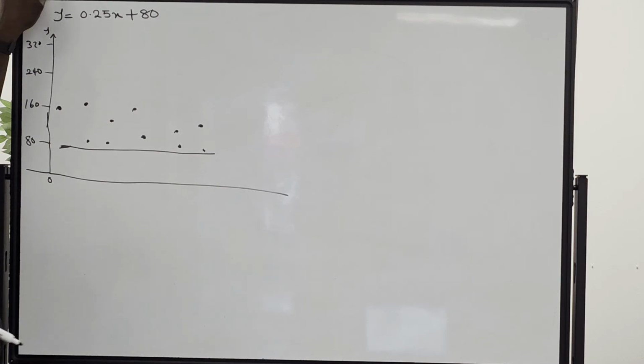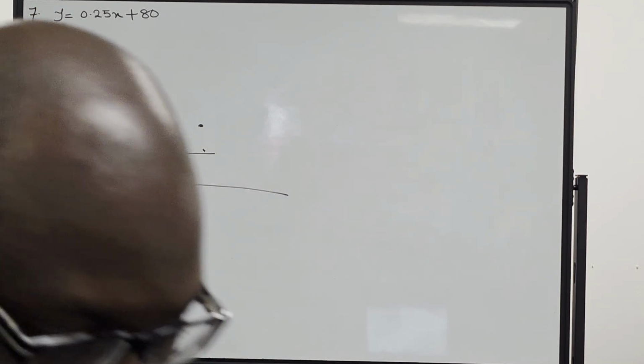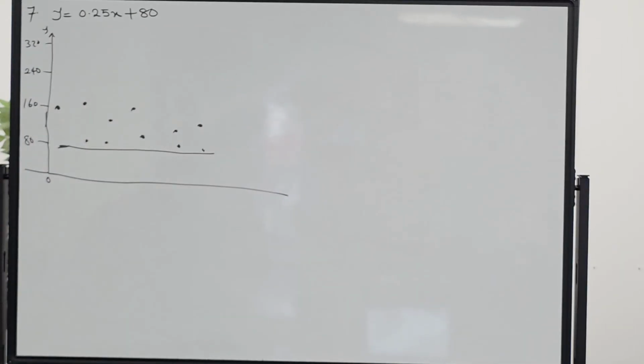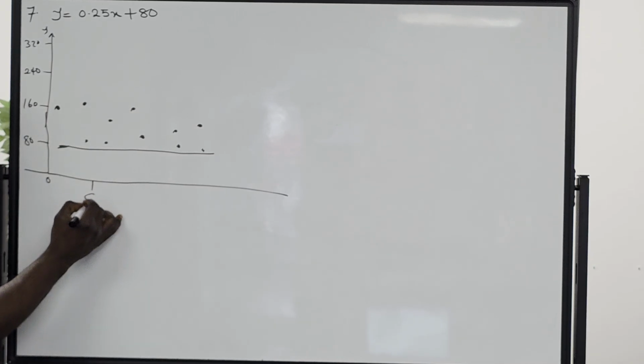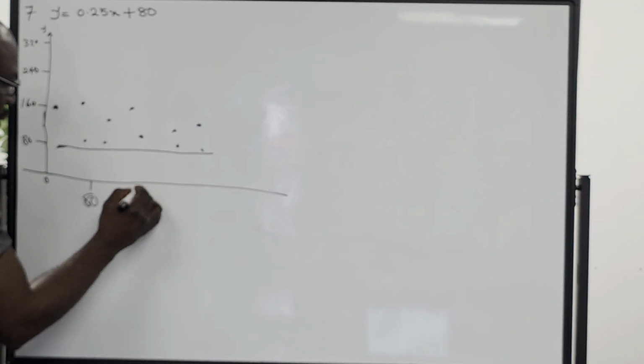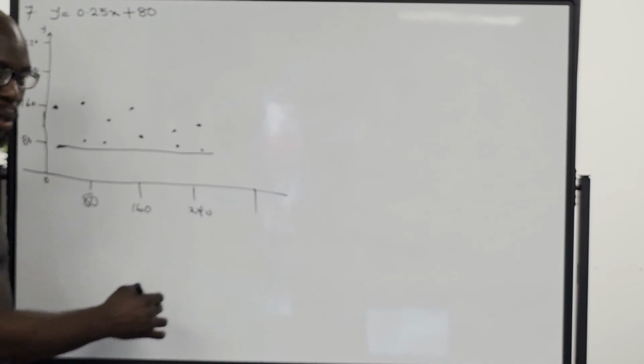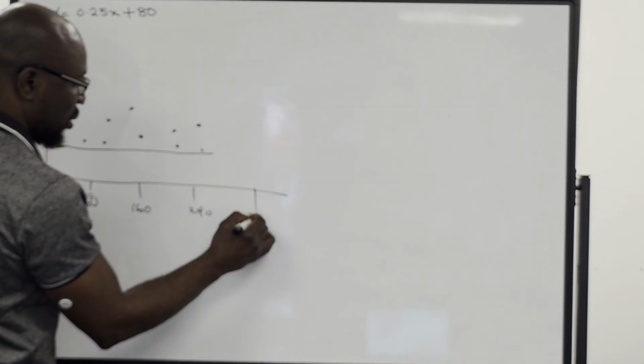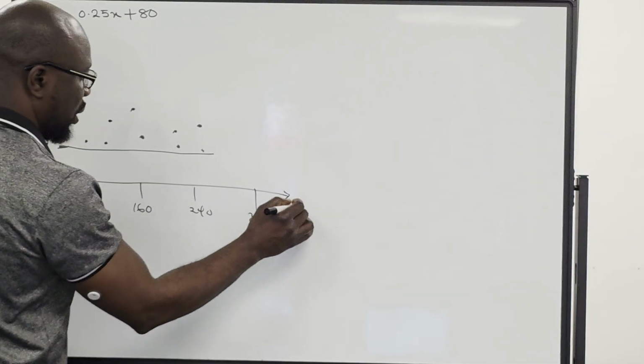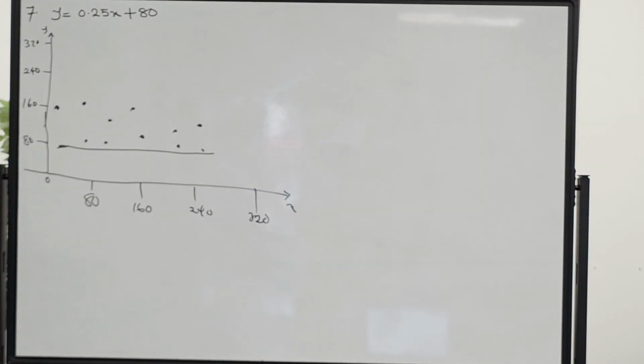So I have that. And on the x-axis, I have 80, 160, 240, and I have 320 on the x-axis. The question is, which one is going to give a better fit?